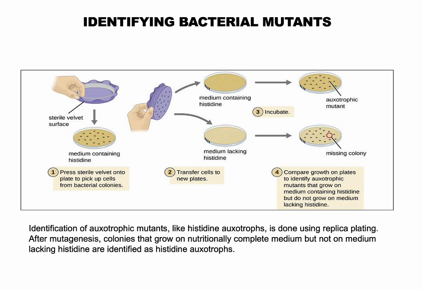During replica plating, as illustrated in the figure slide, a population of bacterial cells is mutagenized and then spread as individual cells on a complex, nutritionally complete plate, allowing them to grow into colonies. Cells from these colonies are then transferred from this master plate, often using sterile velvet. This velvet, which contains the cells, is pressed onto plates of various media in the same orientation.